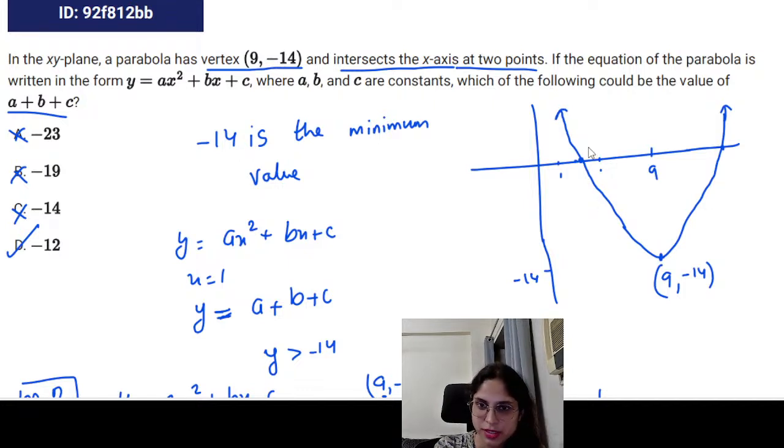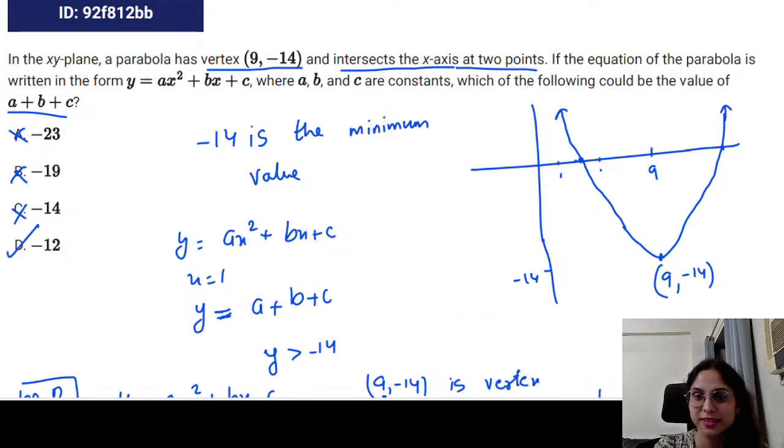And you know a is positive, so whatever y value you're getting has to be greater than negative 14, because that's the minimum value. I will recommend that you remember this concept and solve it using this concept, not method 2. They have given the same solution, and the first time I tried to solve it I did it that way, but I found the better way.